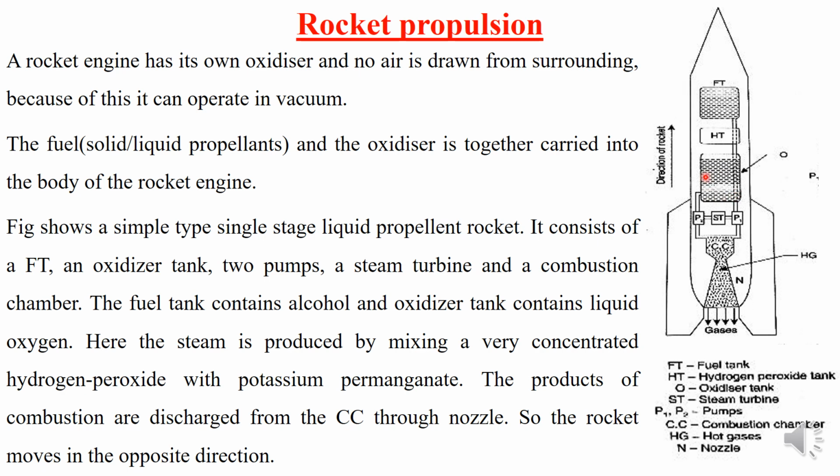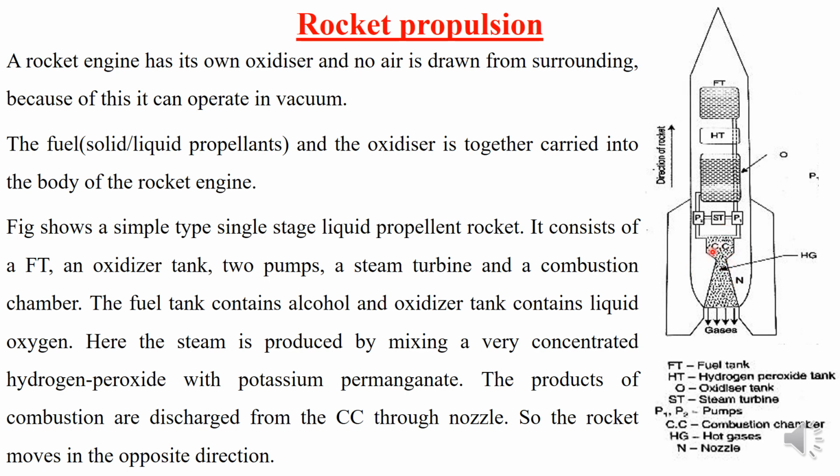It reacts and produces oxygen, and using another pump it goes to the combustion chamber. The hydrogen peroxide is converted into oxygen, and that oxygen mixes with your fuel in the combustion chamber, and ignition takes place, producing high pressure exhaust gas.